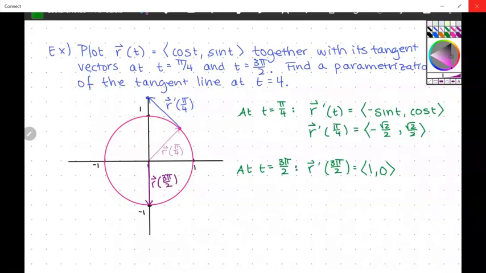There's its terminal point. From this terminal point, going 1 unit in the horizontal direction, 0 units in the vertical direction, ends up giving us this vector. It's just coincidence on this one because we have a circle. If I remember your homework right, you'll see it's not the same.